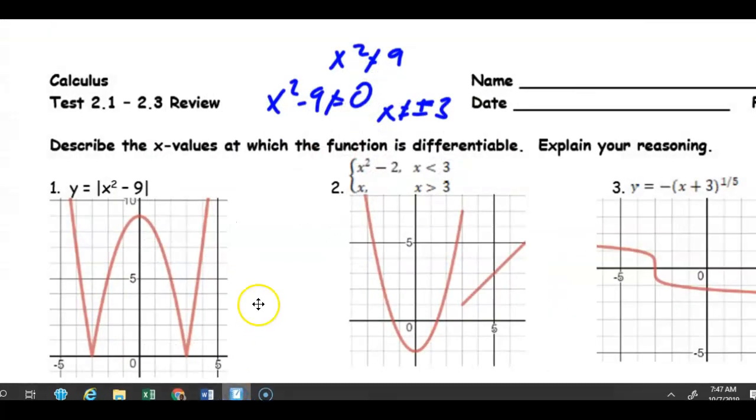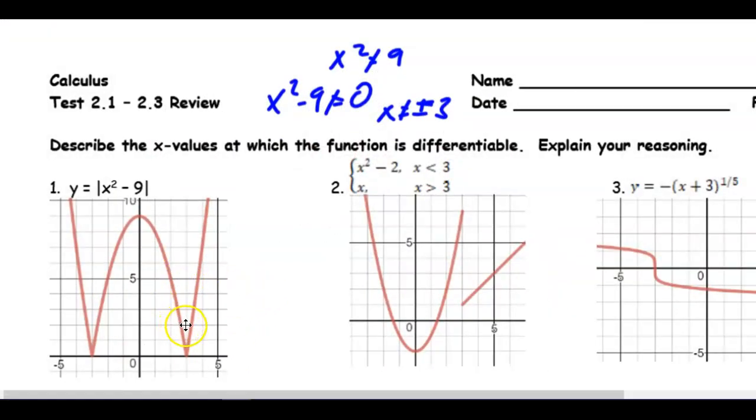All right, so if you look right here, you'll see where you have two cusps. You have a cusp at negative 3, and you have a cusp at 3. That takes care of the describe portion.